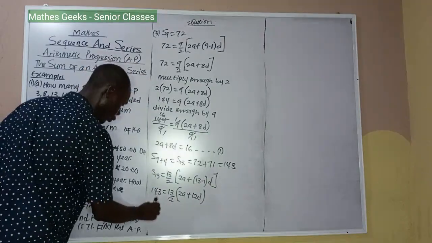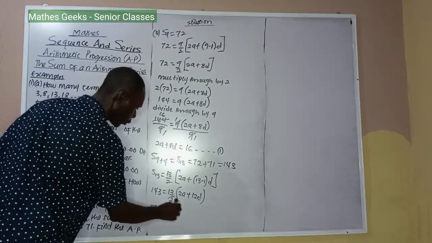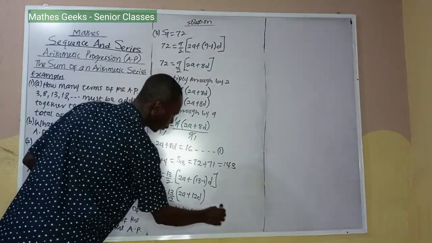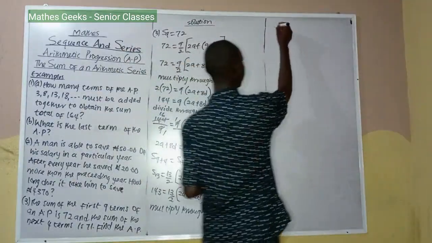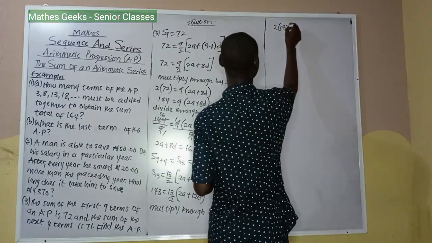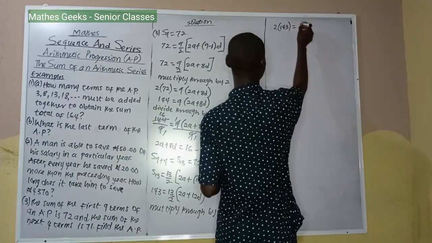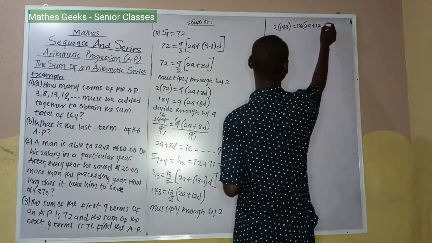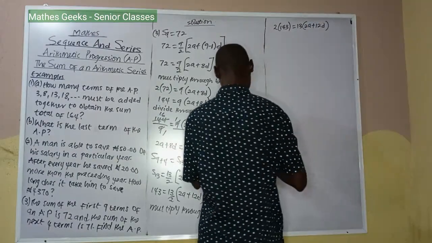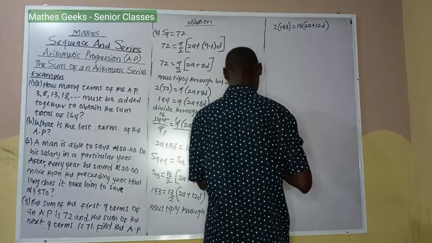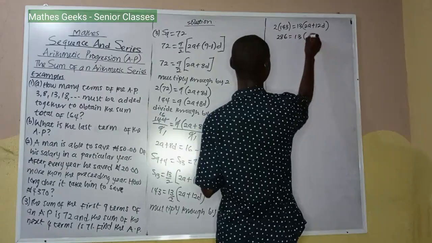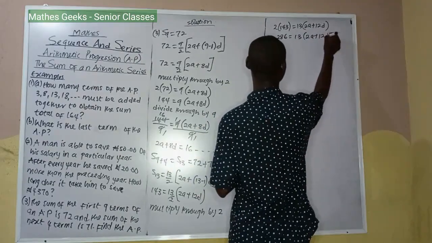So multiply through by 2. This will give us 2 times 143, 286 is equal to 13 times 2a plus 12d.